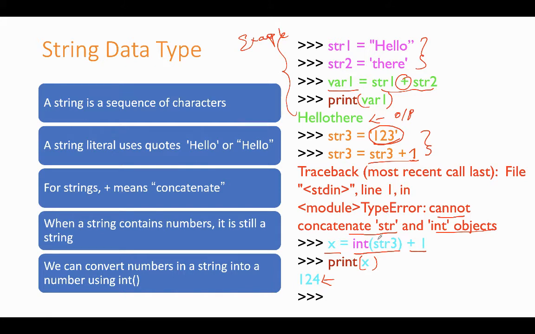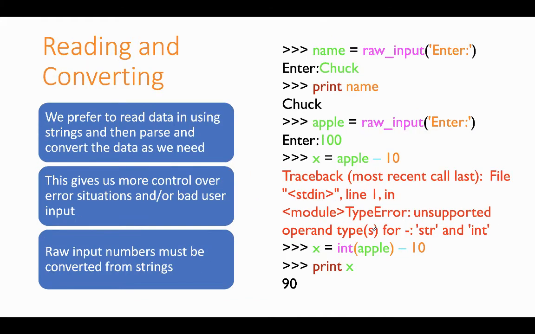I hope you have understood this particular thing. In coming examples: reading and converting. You are going to read and convert into your requirement, like concatenation, and also it may be converting the values into integer type or into string, and then perform an operation.